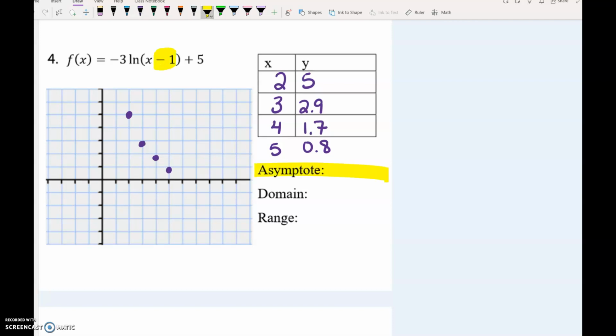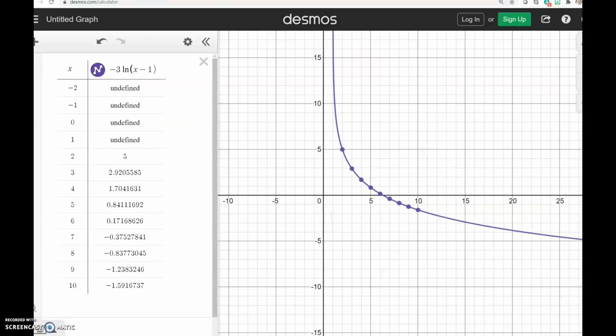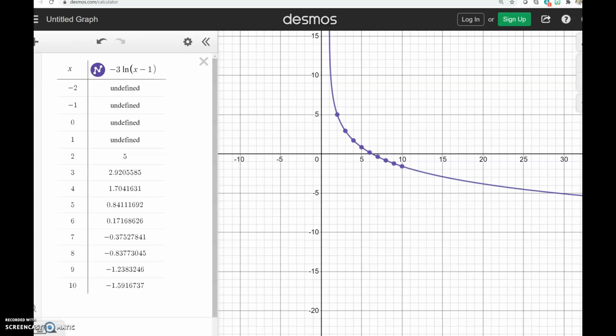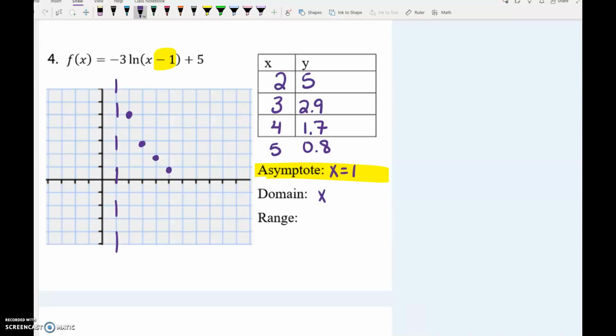Our asymptote is going to be at positive 1. And with Desmos, you can get an idea of what this graph looks like by looking at the picture. It starts close to the asymptote up at the top of the graph, and then it's going to curve down and to the right away from that asymptote.